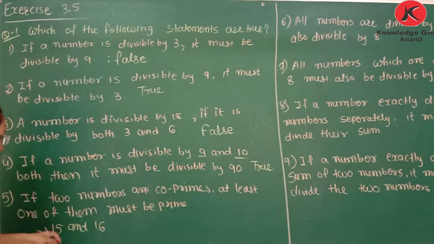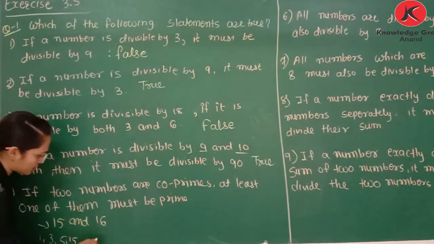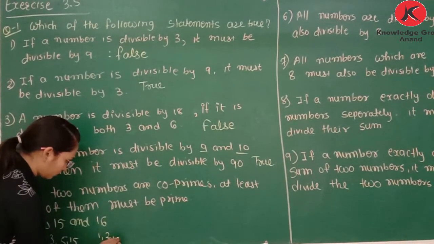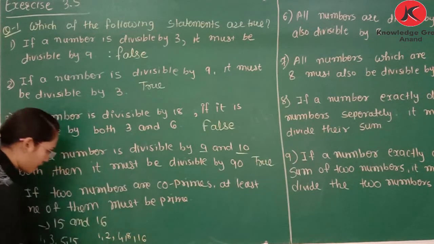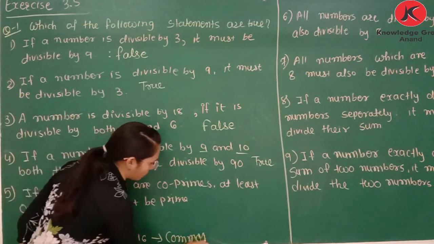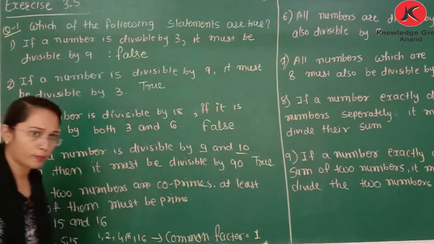So the factors of 15 are 1, 3, 5 and 15, and the factors of 16 are 1, 2, 4, 8 and 16. Now what is the common factor? It is 1. Means they are co-prime.